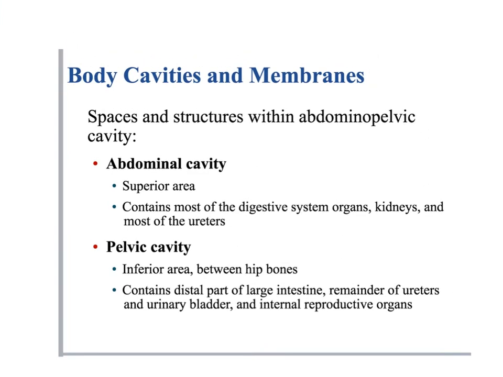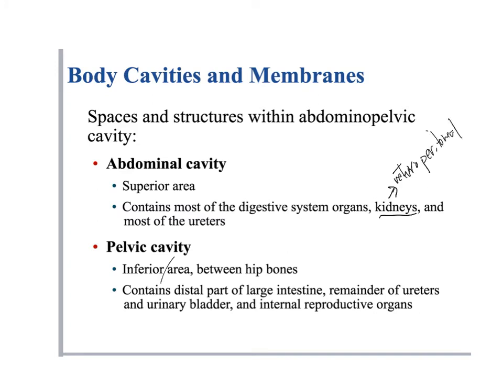Okay, so we have the abdominal cavity and the pelvic cavity, which we separate into two different parts. The abdominal cavity is superior, the pelvic cavity is inferior. The abdominal cavity contains most of your digestive system. It's kind of wrong because the kidneys are what we call retroperitoneal. This says kidneys, but they are retroperitoneal.